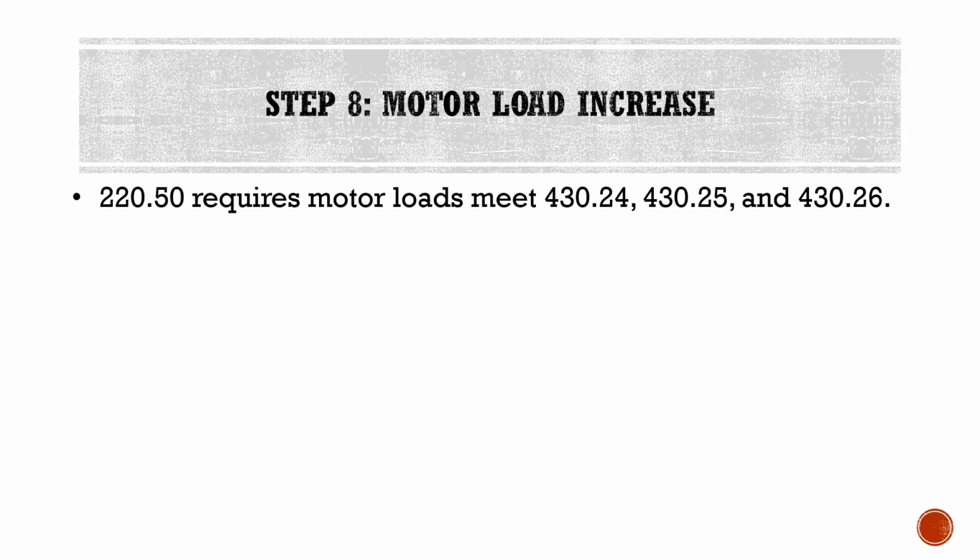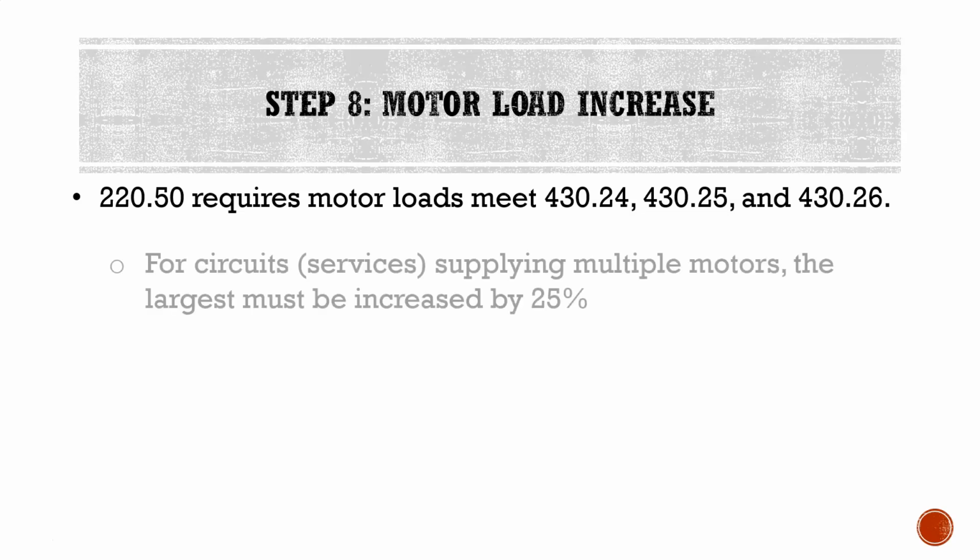So Section 220.50 requires that motor loads for a dwelling meet the requirements of 430.22, 24, 25, and 26. For circuits, including services supplying multiple motors, the largest motor must be increased by 25%.